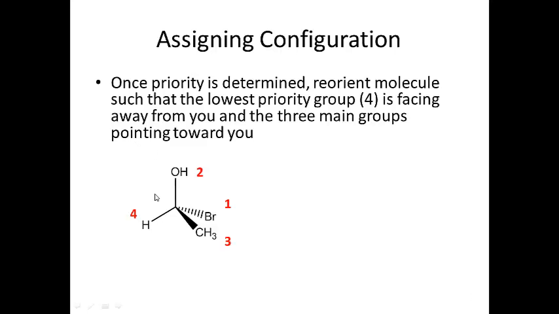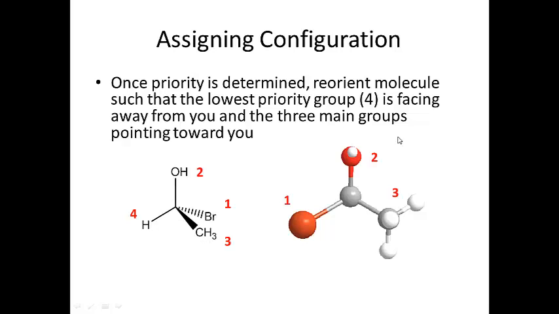So what I want you to see is here's A. The priority has already been determined. And now here is A in the steering wheel configuration with hydrogen, or the number 4 group, facing back. The top 3 groups are pointed out at me. And so if you will look here, this is 1, this is 2, this is 3.